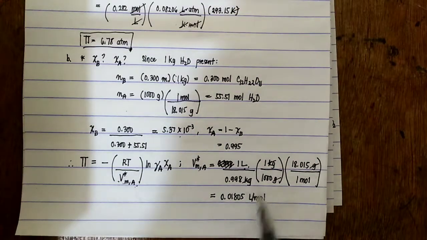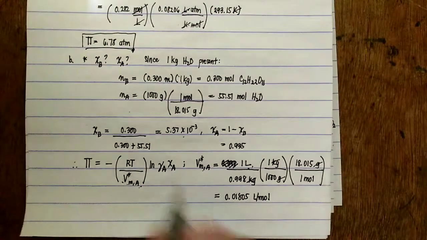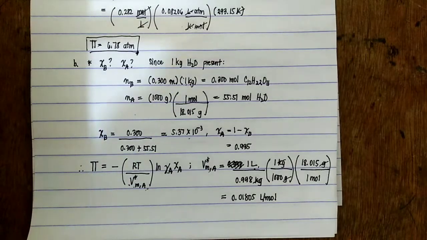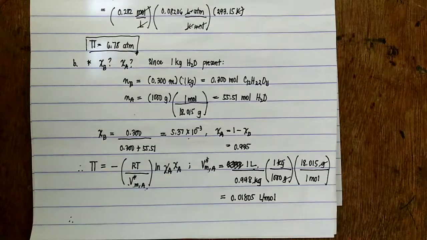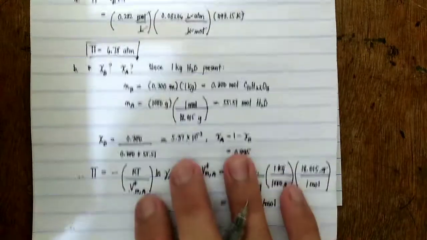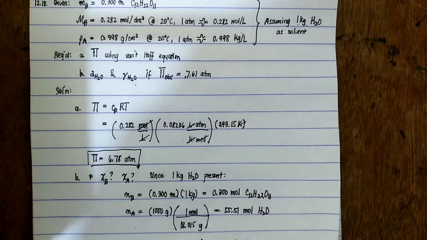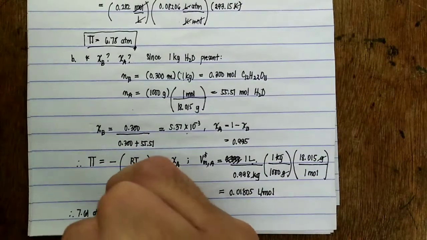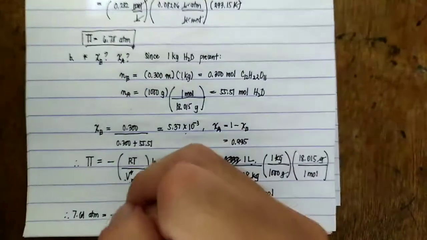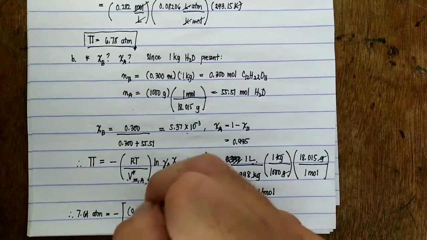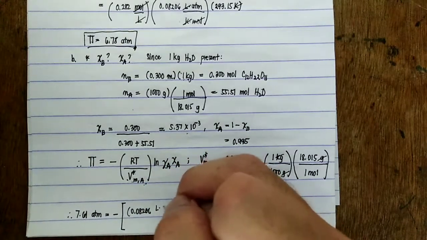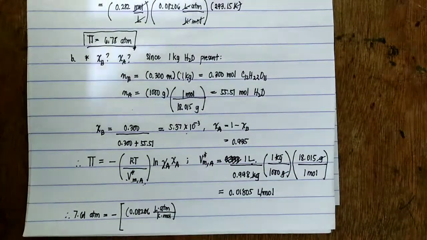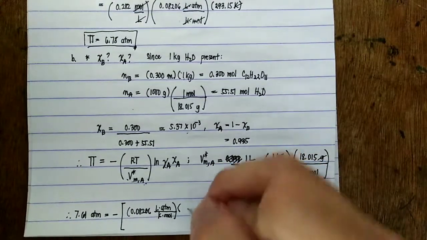With this already known, as well as the x sub A, we can now proceed to compute gamma A, or the activity coefficient of water. So plugging in now, we'll have our pi observed. The pi observed is 7.61 atm, which should now be equal to negative of the R. That's 0.08206 liter atm over K mole times the temperature of 20 degrees.